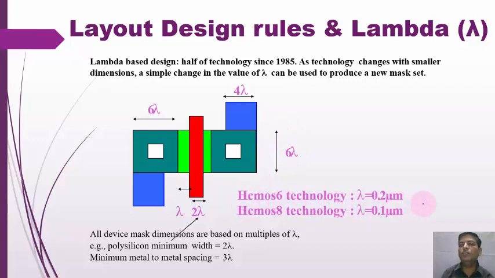In HCMOS 6 technology, lambda is equal to 0.2 micrometer. In HCMOS 8 technology, lambda is equal to 0.1 micrometer. All device mask dimensions are based on multiples of lambda. For example, polysilicon minimum width is 2 lambda, minimum metal to metal spacing is 3 lambda.